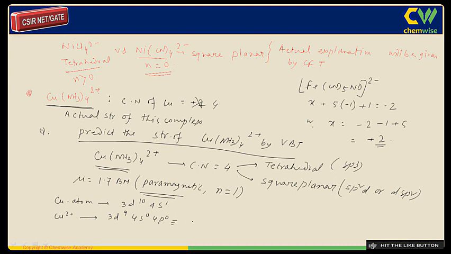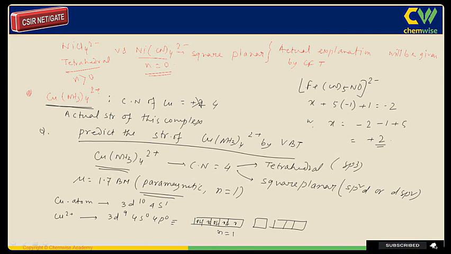That means 3d9, 4s, 4p. So 1 2 3 4 5 6 7 8 9. Here n equal to 1, no problem, it's okay.